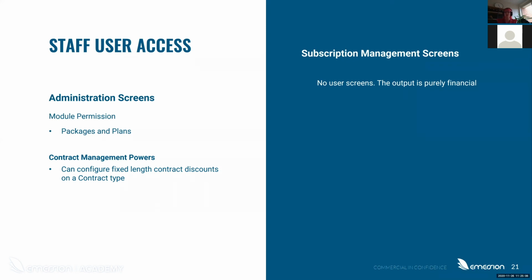If they don't have that power, that configuration box just doesn't display. So if you're a full powers admin and you've got all the base powers and everything under it, you're fine. If you're configuring someone's role and you're individually turning on powers, then you'll need to turn on that one. And again, once that's all set up, it's all automated. So there's no user screens. This is a purely financial outcome.